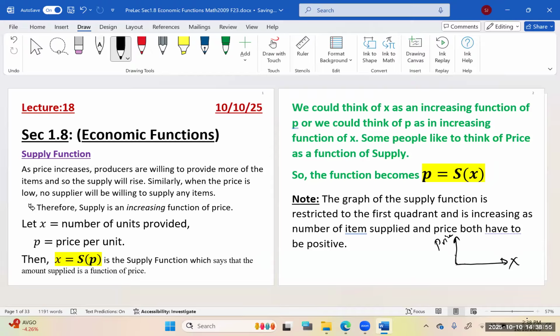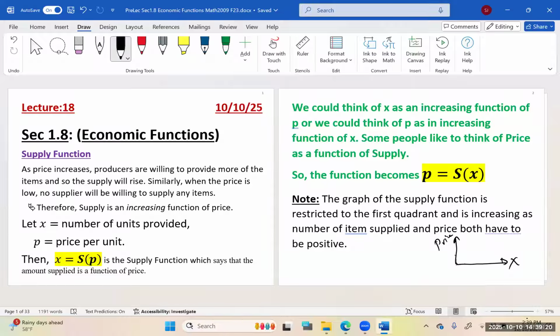Okay, this is the normal, traditional way. Supply goes on the X-axis, money or the price goes on the Y-axis. Yes, you can change them. The price goes here and the quantity goes here. It's also possible. But the traditional way of believing is that price is a function of quantity, not the other way around.